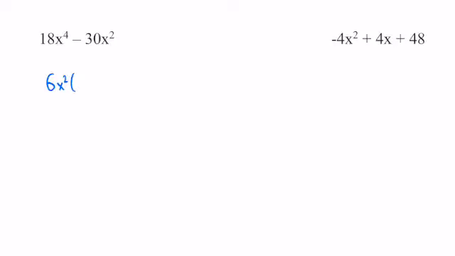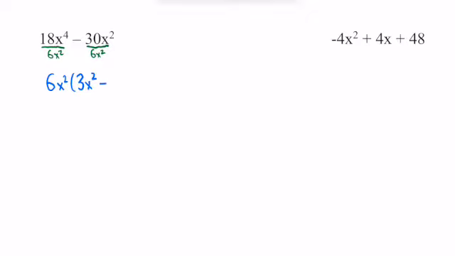Since we're factoring out a 6x squared, if we want to see what's left, we can think of taking our original terms and dividing them both by 6x squared to see what would remain. 18x to the fourth divided by 6x squared, we would be left with 3x squared.